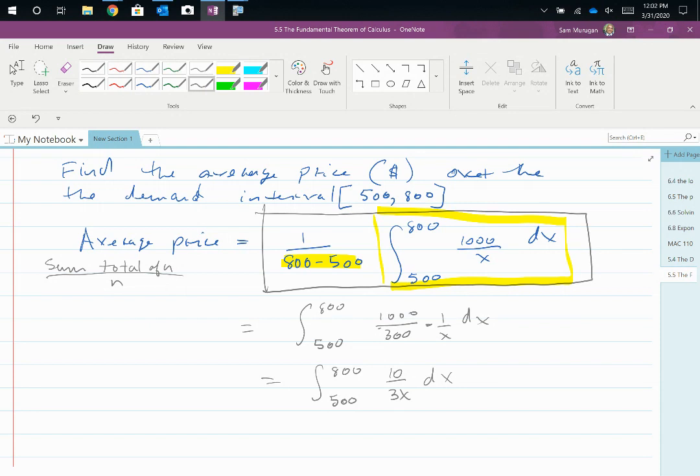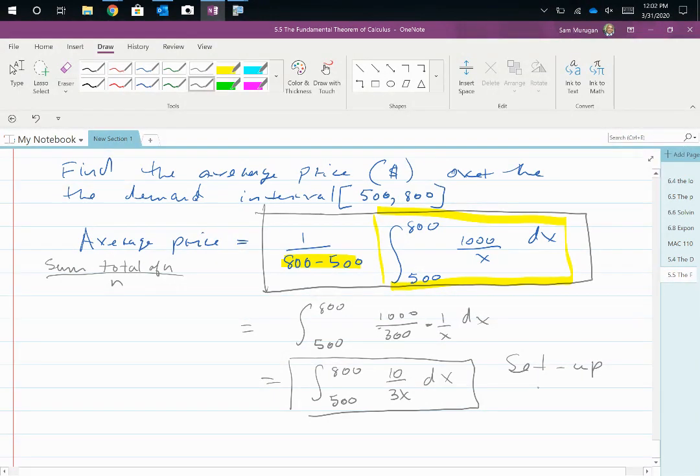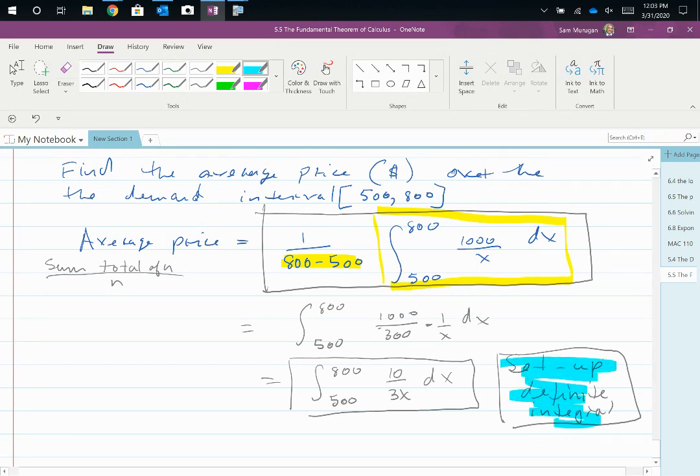Now, to finish up the problem, when you're typing, this is the setup for the definite integral. And then you just use your calculator to do the computation for you.